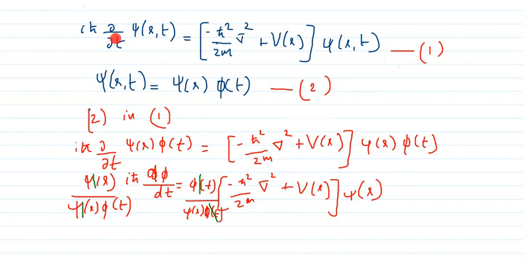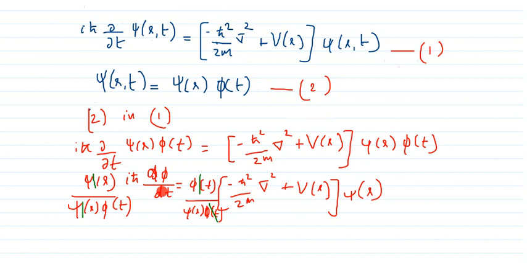So on the left hand side, where you are supposed to take only the time differential, the spatial part will be a constant. So psi of r can be taken outside. Psi of r into dou by dou t can be written as a full differential because we have only a single variable, so dou by dou t can be written as d by dt of phi of t.